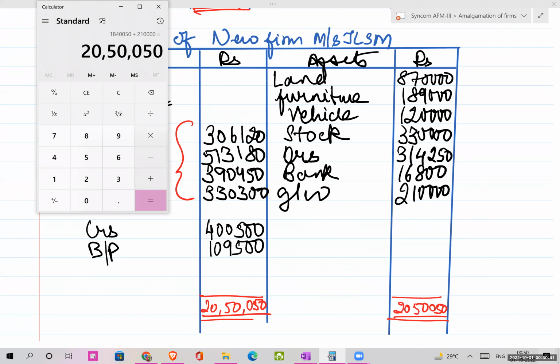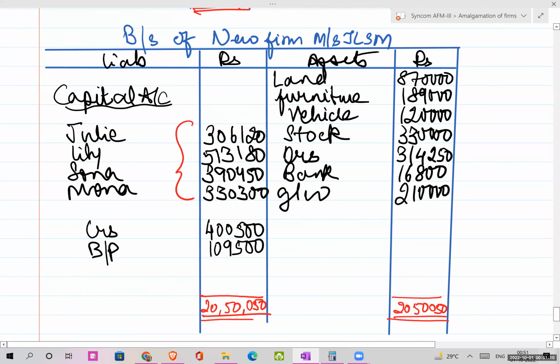Yeah, let's see the obviously liability also. 3,06,120 plus 5,13,180 plus 3,90,450 plus 3,30,300 plus 4,05,500. Yeah, it's 4,05,500 plus 1,09,500. Yes, it tallies. It has to tally. Okay.